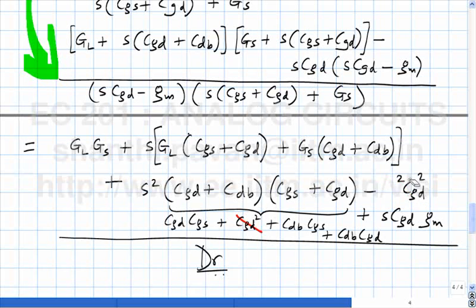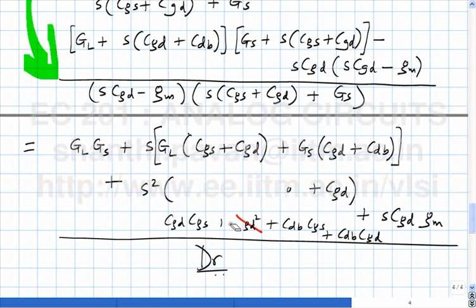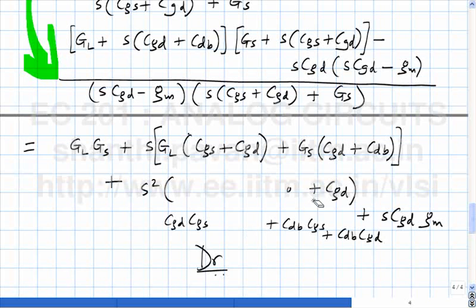I can replace this with S square times CGD CGS plus CDB CGS plus CDB CGD.